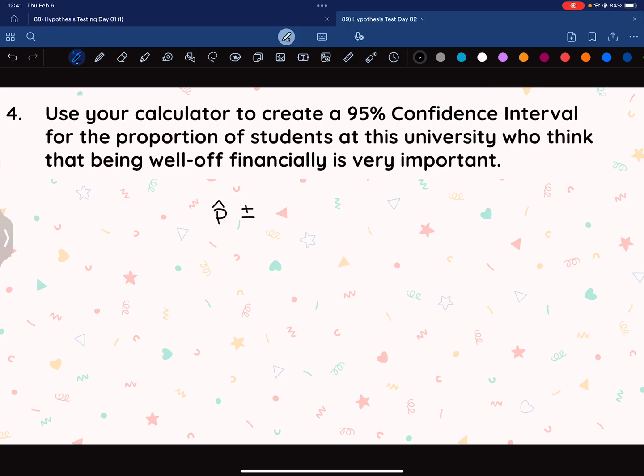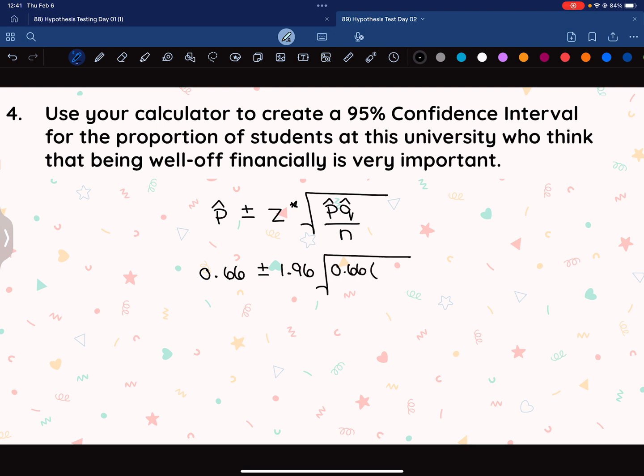My confidence interval is going to be p hat plus or minus my critical z with my p hat, q hat, and n. You've already shown all of those pieces, but I'm plugging in my 95%, that 1.96. Remember, you could do your inverse norm to get that if you need to.